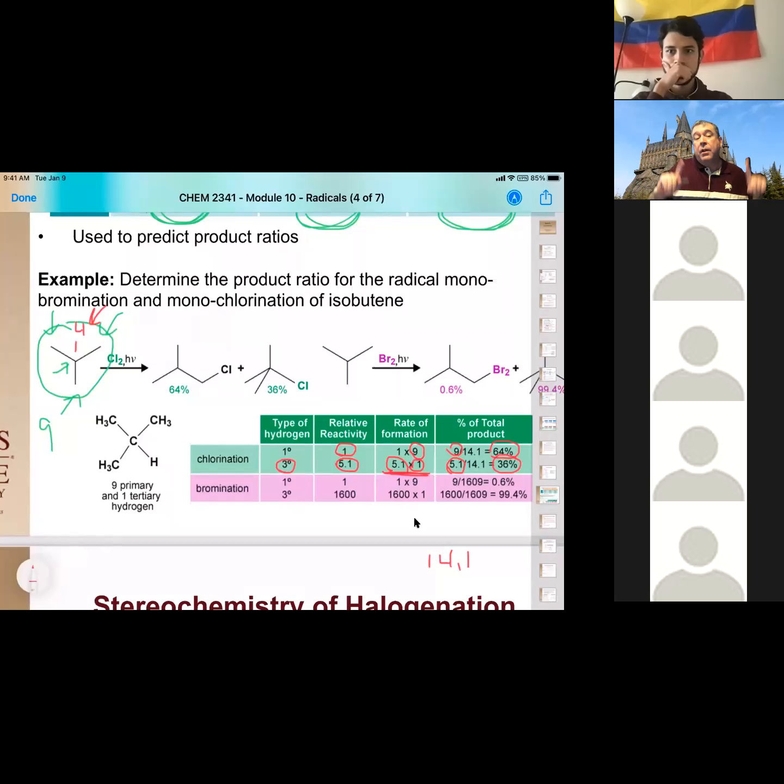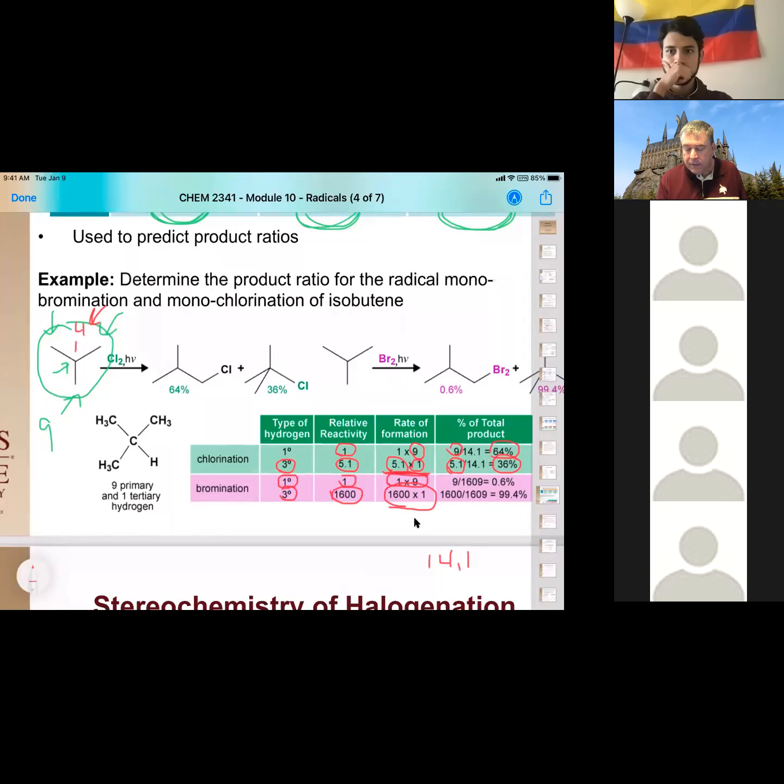Okay, let's apply that same rule to that same compound for bromine. We have that primary, which is our 1, our tertiary, which is 1600. We have 9 at that relative reaction ratio of 1. We have 1 at the relative reaction ratio of 1600, giving us a total number of 1609 for possible reactions available to us.